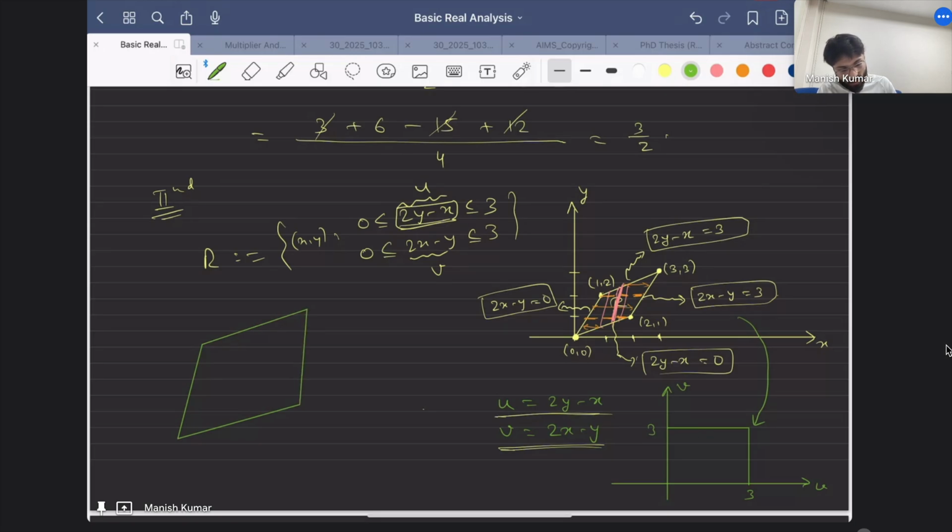Now my coordinate system is changing like this. Although it does not look like a parallelogram, do it in this way. Now my new coordinate system is like this: this is my new x, this is my new y. In this situation it would be a square kind of thing, right? This is what we have done here, nothing else.